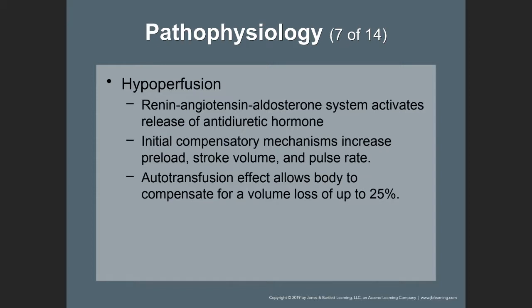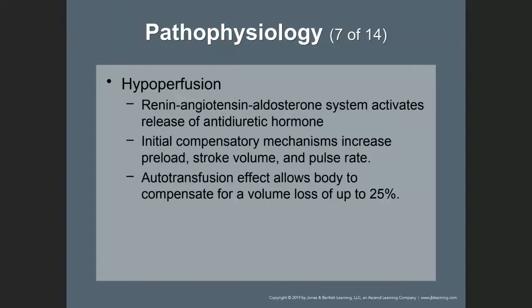Now, when angiotensin 2 is formed, this is going to trigger the body to release aldosterone, which is a hormone, and antidiuretic hormone. When these two hormones are produced, the end result is that the body retains more sodium.